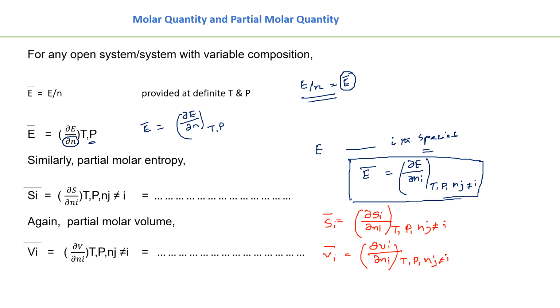Now from these two expressions, this one and this one, two important derivations can be done. Like what we'll get, Si bar equals dS by dNi at constant T, P, Nj not equal to Ni.